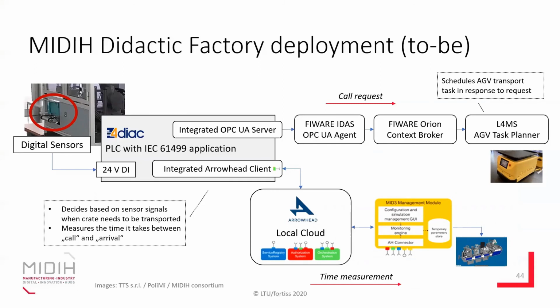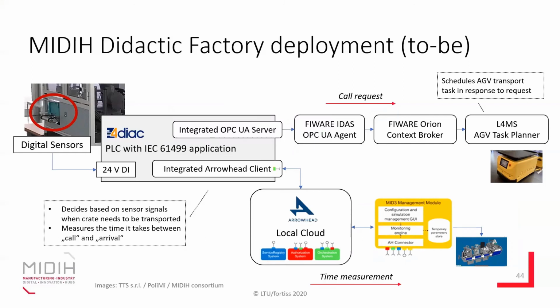The PLC uses 4diac to run an IEC 61499 application that monitors the sensors which are connected to its digital inputs. The PLC has an integrated OPC UA server that it will use to expose this information that a new full crate with circuit boards is needed.